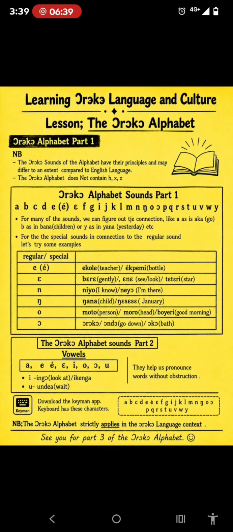I'll encourage you to download the Keyman app. It has a special keyboard with all these special characters you see here. And I'd like you to take note that the Oroko alphabet strictly applies in the Oroko language context. Let me take an example. If I want to spell the name Motale, it will be the Oroko that we saw here.